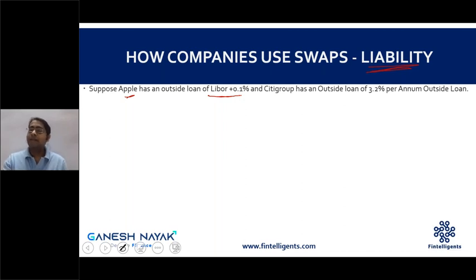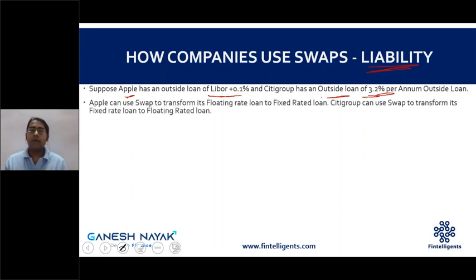Similarly, Citibank has also taken an outside loan with some other bank wherein it is liable to pay 3.2% per annum. Now Apple and Citigroup, if they come together, can convert this liability into a different liability.